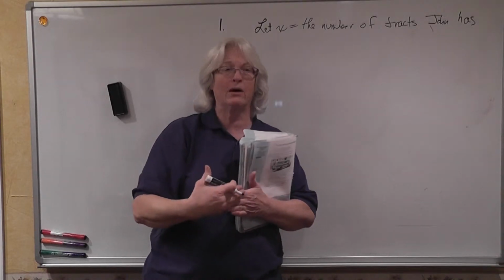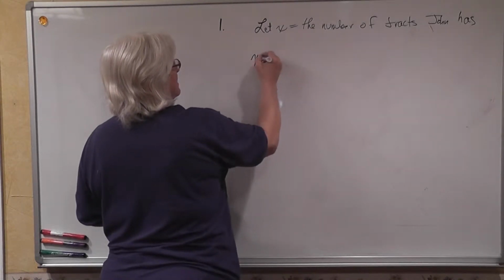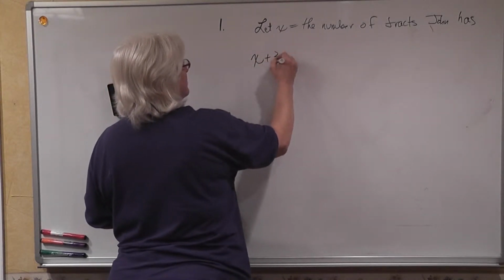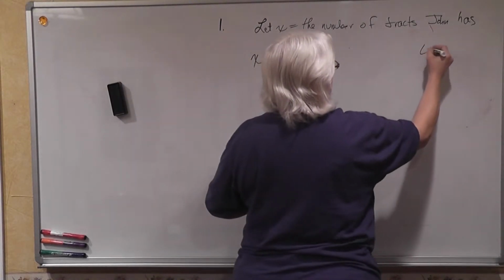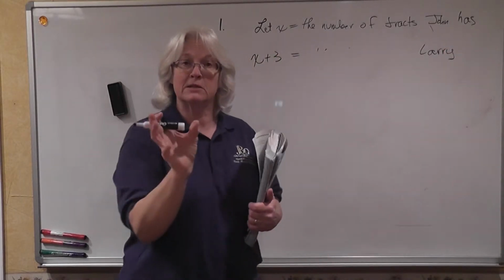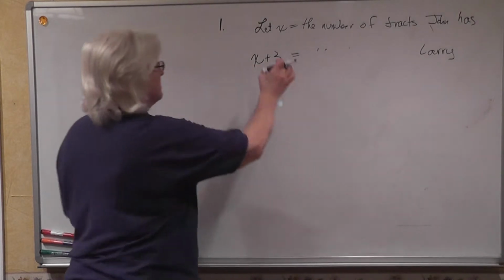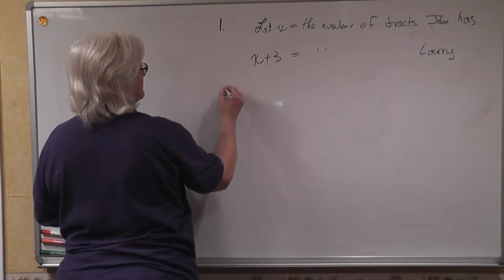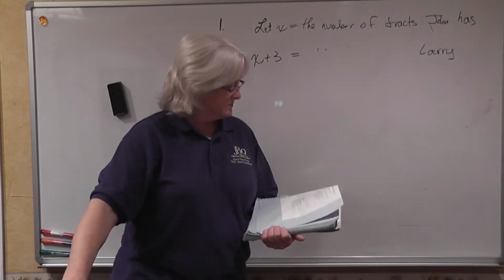So we start with however many John has, which is X, and then we're going to simply add 3 to that, and that's going to be the number of tracks that Larry has. We use the X to be the smaller amount, the number of tracks John has. Then we add 3 to that number, and we have the number of tracks that Larry has.